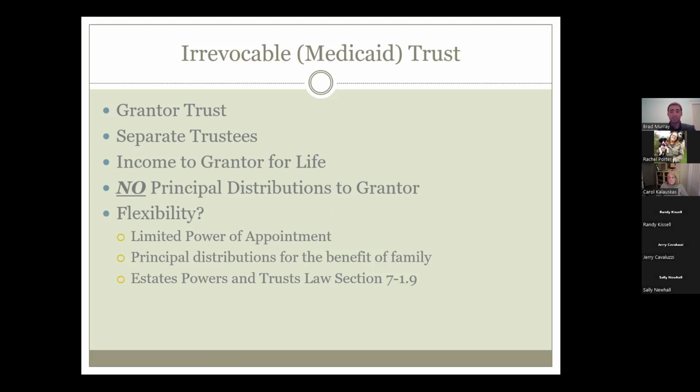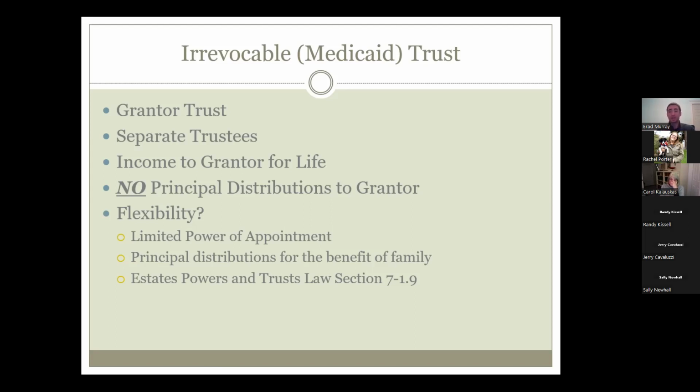In terms of assets that you might fund into this, the most common asset would be a house, because more often than not, someone's house is their largest asset, and you don't want them to lose that. You'd have a lien placed against that house by either the nursing home or the social services office, to pay back all that money that was spent paying for your nursing home care.